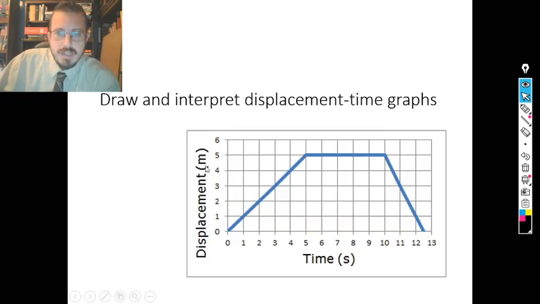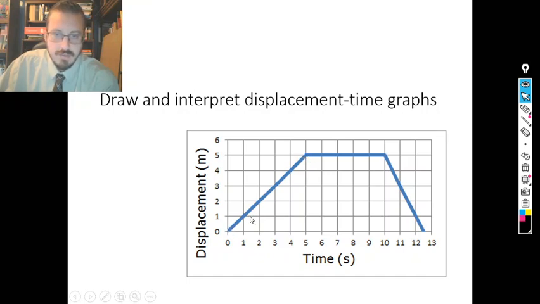A displacement time graph is a way to graphically represent an object's motion, or a particle's motion, or a collection of particles' motion, where we typically put time on the x-axis against the displacement on the y-axis. If I were to walk through this, we could see something that starts out at a displacement of 0, and after 5 seconds it's moved 5 meters, so it's moved 1 meter every second. Indeed, the slope of this line is the velocity, right?